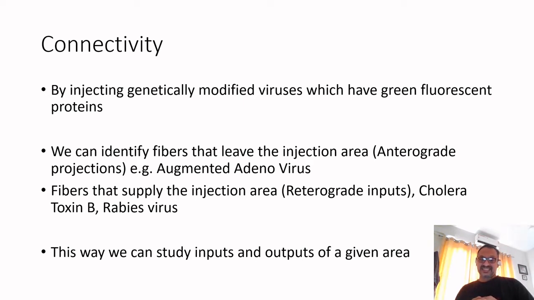We have specialized viruses or toxins which don't infect a cell, but actually go backwards through the axons that supply that area, back to the regions that supply them. So that way we can characterize inputs. This is the way we study what the input to a particular brain area is and what the output from a particular brain area is, right?